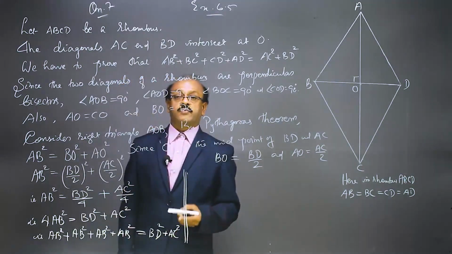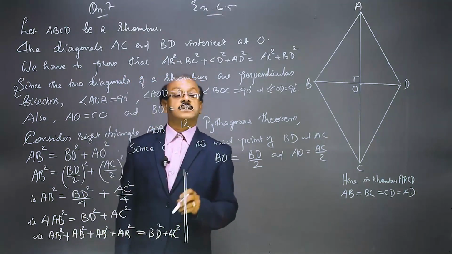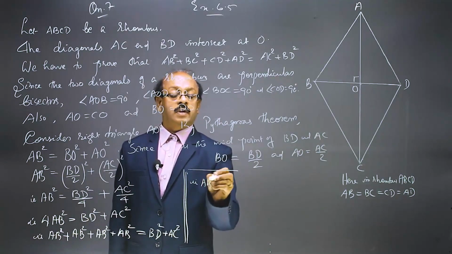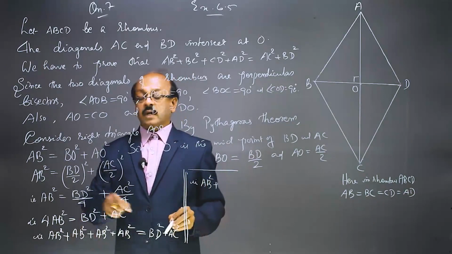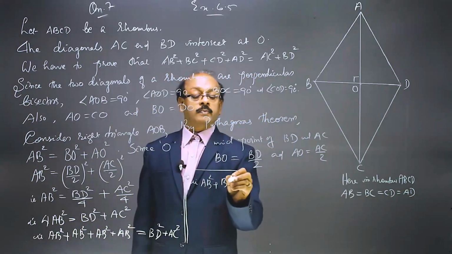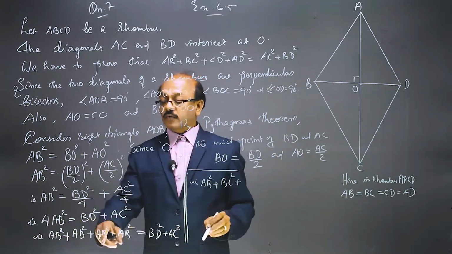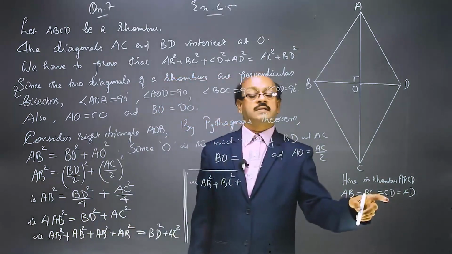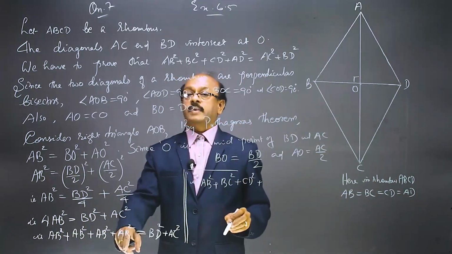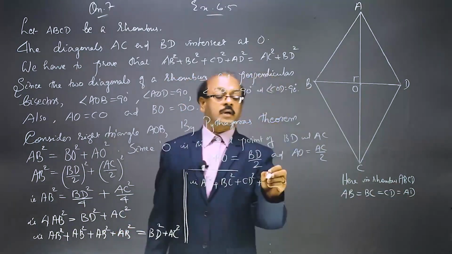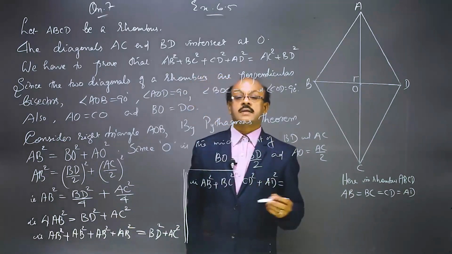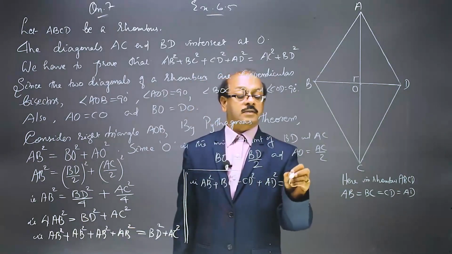First AB square, we write as it is. Instead of the second AB square, we write BC square. Instead of the third AB square, we write CD square. And instead of the fourth AB square, we write AD square. Write the RHS as it is, BD square plus AC square.